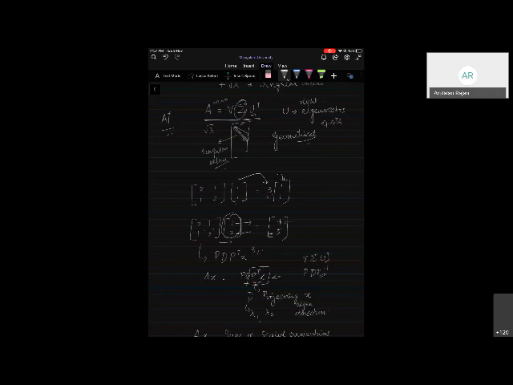When will the inverse of a matrix be its transpose? Whenever the matrix is orthogonal. Therefore, U is an orthogonal matrix. This is a diagonal matrix, except that it is a rectangular matrix. V is also an orthogonal matrix, except for the fact that there is only one matrix P which is going to diagonalize this matrix A. Here I'm going to use two different orthogonal matrices to diagonalize my matrix A. That's all. Is this clear?